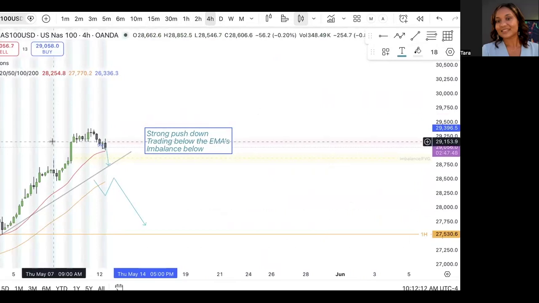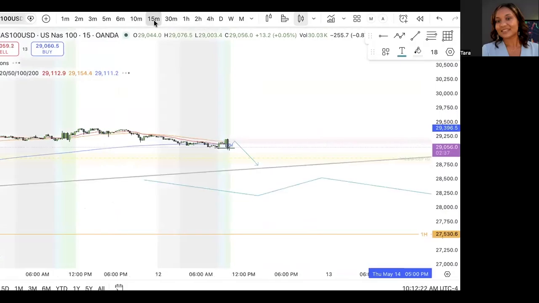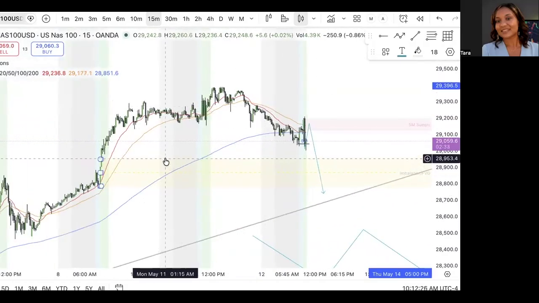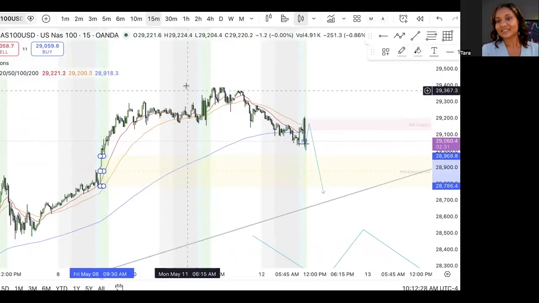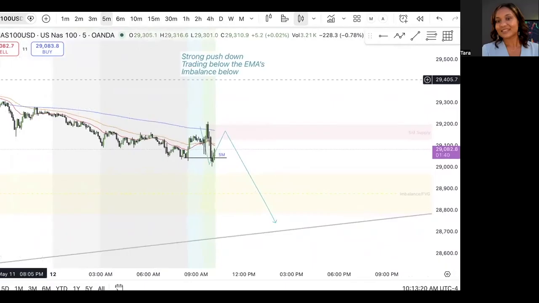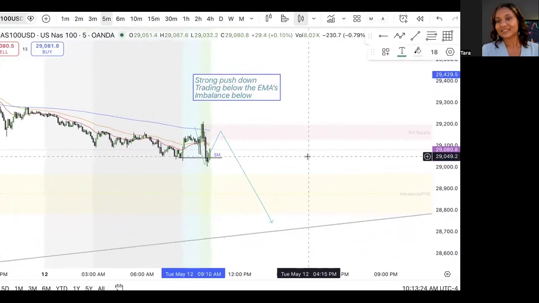And we've broken a level on the 4-hour. Okay, and these are our confluences as to why we believe that price may be continuing to the downside.